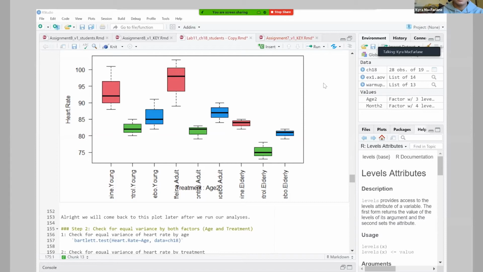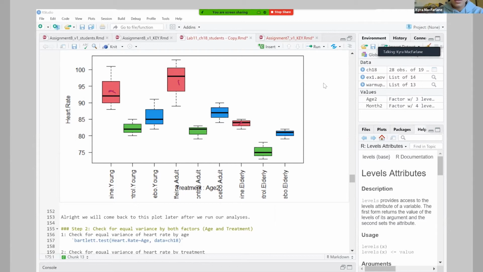Okay, looking at caffeine treatments. Now we're ignoring age group, so we're just looking at the colors. This one's a little bit trickier, but we'll try to imagine averaging these together.